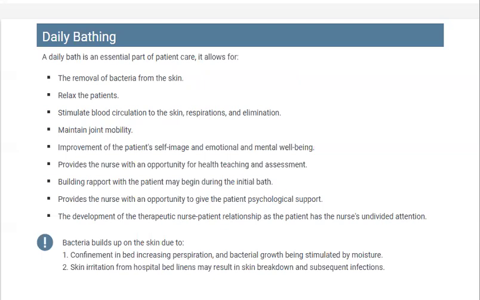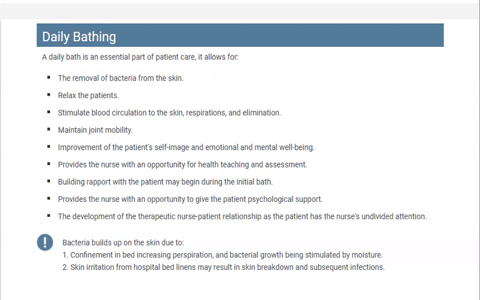Building rapport with the patient may begin during the initial bath, and it provides the nurse with an opportunity to give the patient psychological support. It aids the development of the therapeutic nurse-patient relationship, as the patient has the nurse's undivided attention.